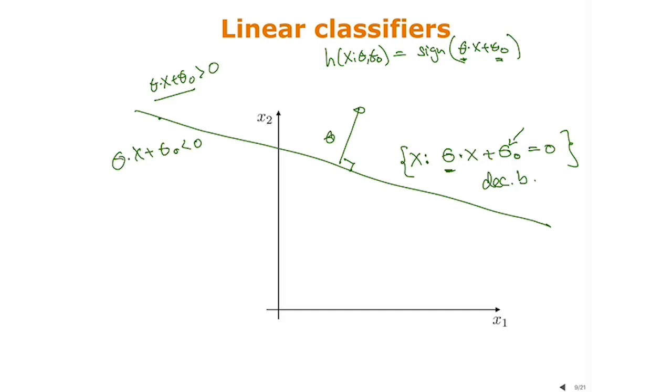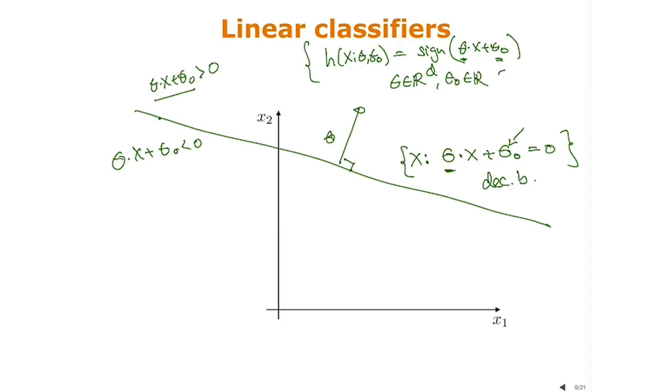Again, the mapping is not unique. There are many theta and theta naughts that define the same decision boundary, but each classifier has now a set of parameters that correspond to the same decision boundary. And the whole set of such classifiers is then obtained by varying theta as a vector in general in R^d and theta naught as a scalar parameter.